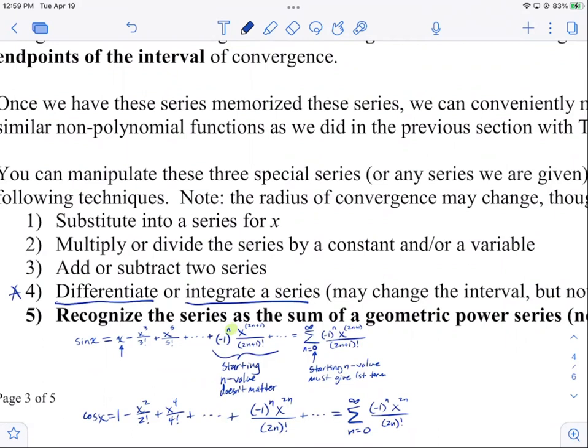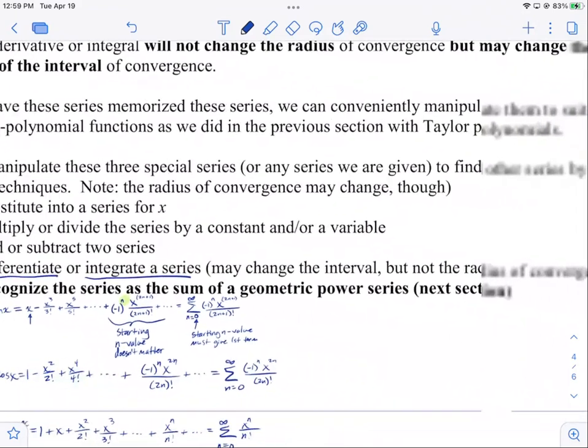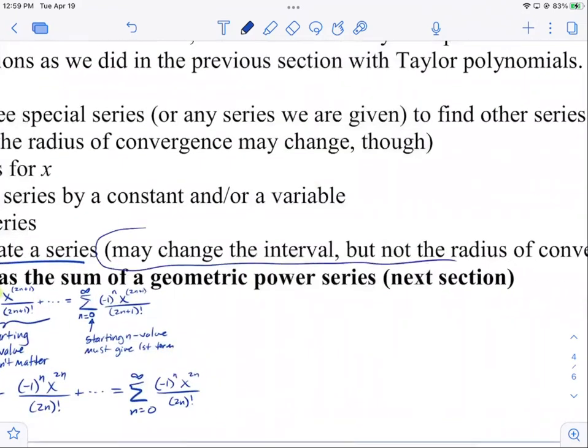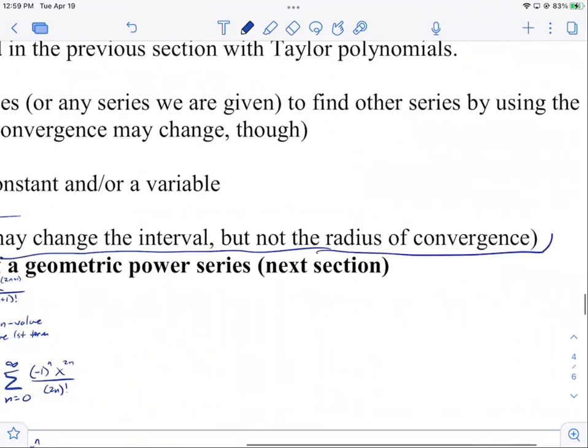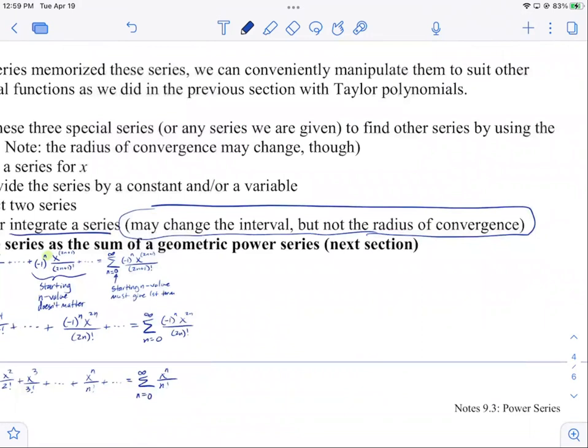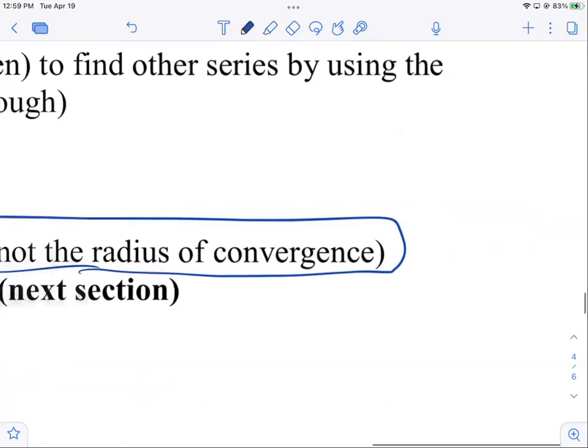And then number 5 is the next section. Recognize it as a geometric power series. But look what happens if we differentiate or integrate a series. This is really important. When you take the derivative or the integral of a series, it doesn't change the radius of convergence, but it may change the interval. So what does that mean?